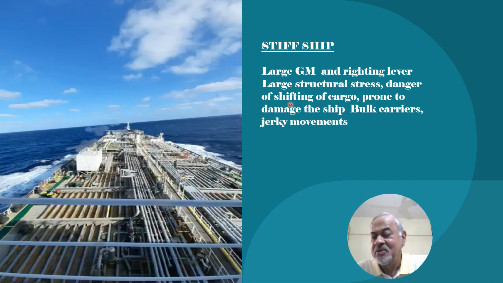In this case we have a period of roll of 10 seconds, so the ship is going to roll 6 times every minute. Okay, so this stiff ship is associated with a large GM and a large righting lever, so that the ship comes back to its original position quickly whenever she is heeled to one side.